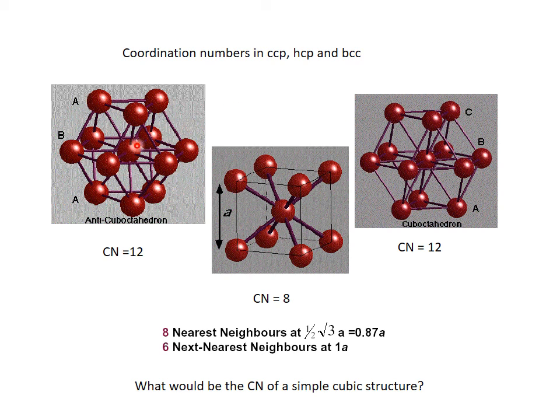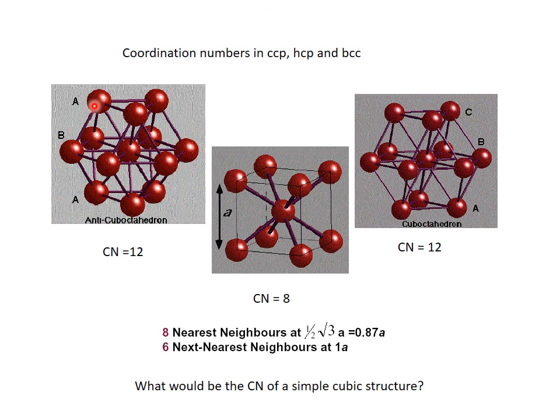You can put yourself on the central atom, and then you see that within the same layer, that central atom is surrounded by 6 other atoms. And then you see there are 3 atoms from the first layer and 3 atoms from the third layer on top and at the bottom relative to the central atom.